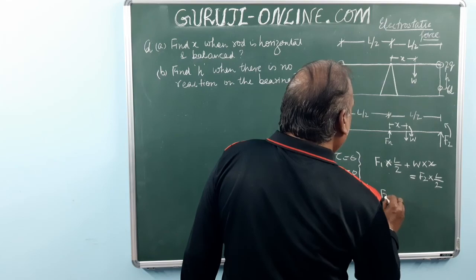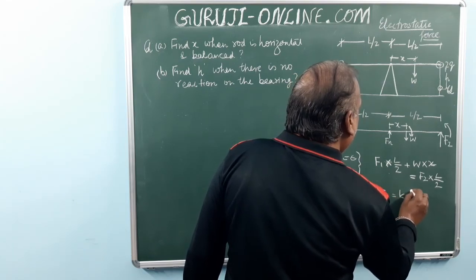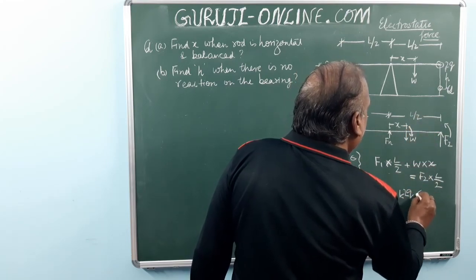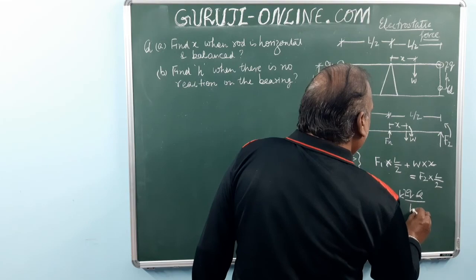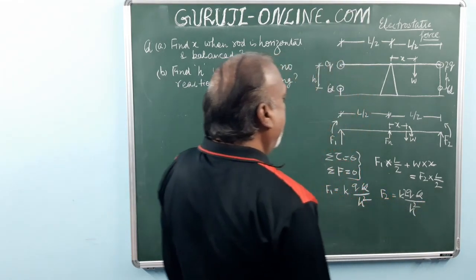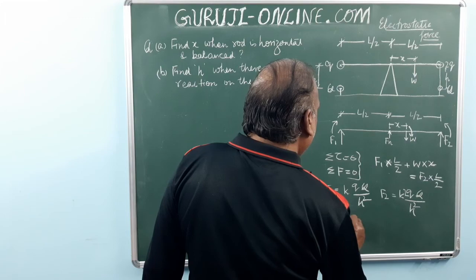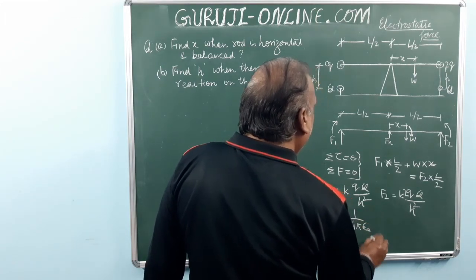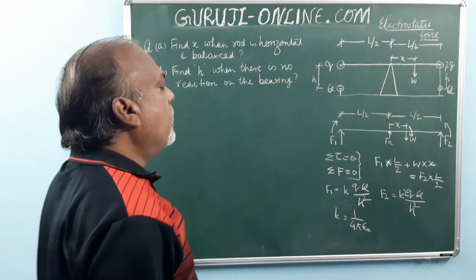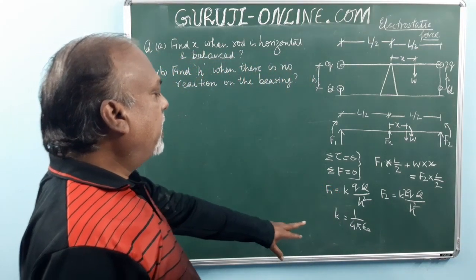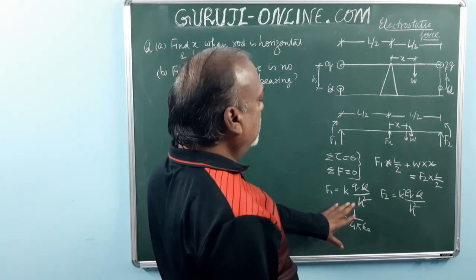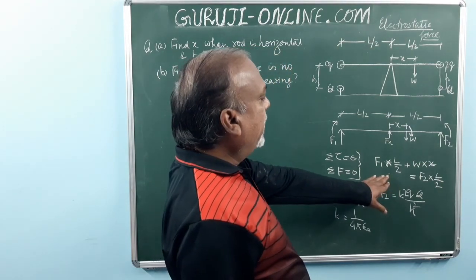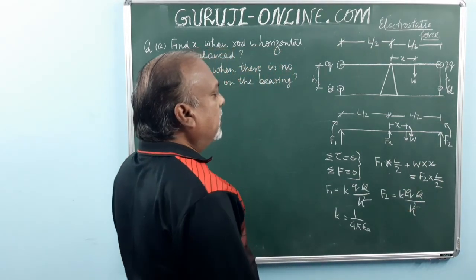F2 is nothing but K Q, here it is 2Q into Q upon H square, where K is nothing but 1 by 4 pi epsilon 0. So in the first part, basically we know all these values, and putting all these values we can get X from this equation.